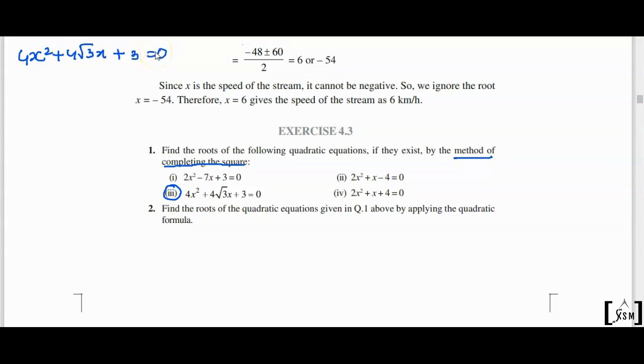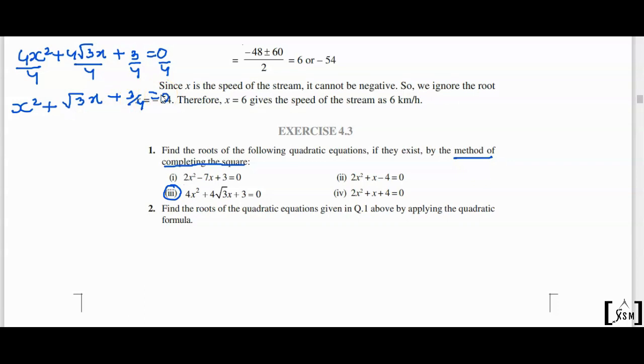So guys, remember I had told you the x square coefficient should be 1. So in this case we will divide all the terms by 4. All terms we are dividing by 4. So we get x square plus square root 3 x plus 3 over 4 equal to 0.